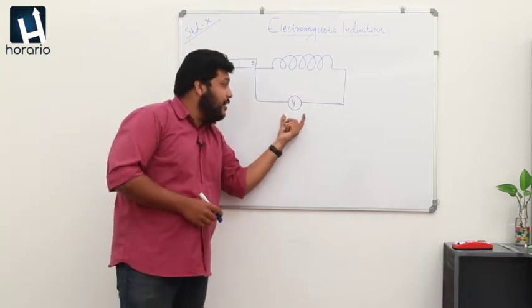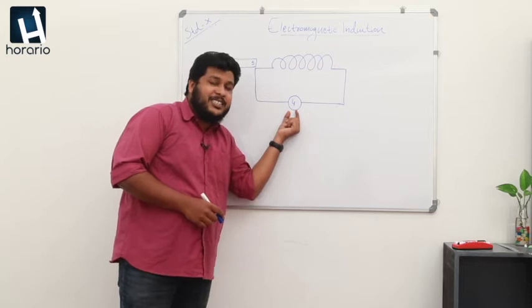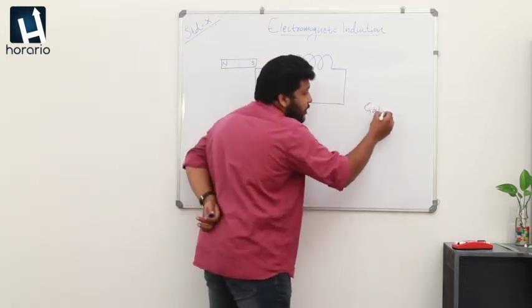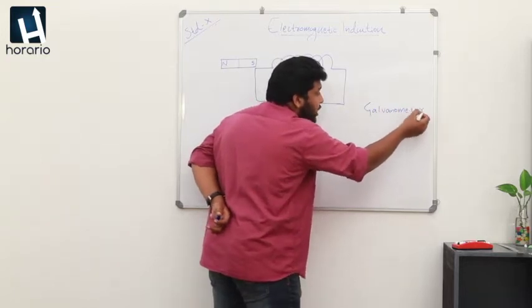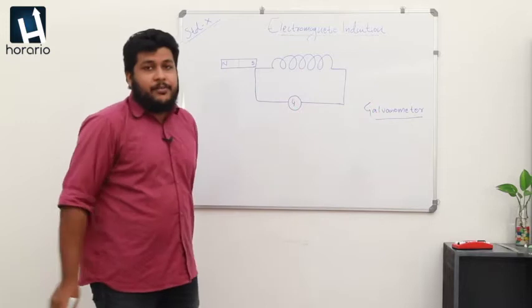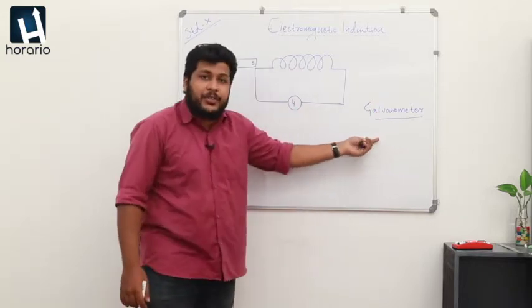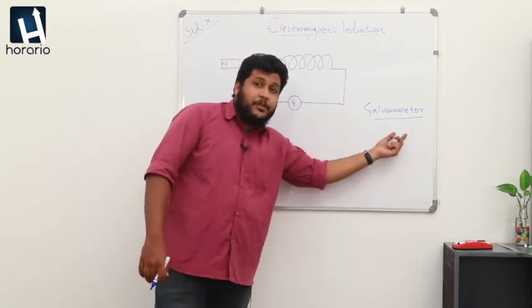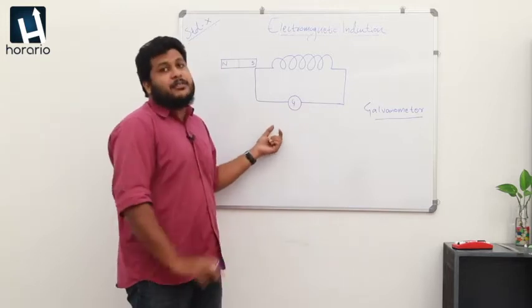An equipment is placed here, marked with a capital letter G, and it stands for galvanometer. You all know the importance of a galvanometer. A galvanometer is used to find the direction of the current flow in a circuit. So with the help of a galvanometer, we can know whether there is a current passing through this circuit.